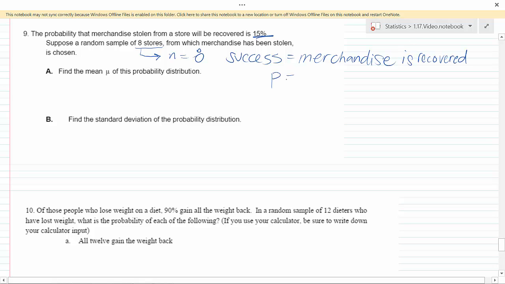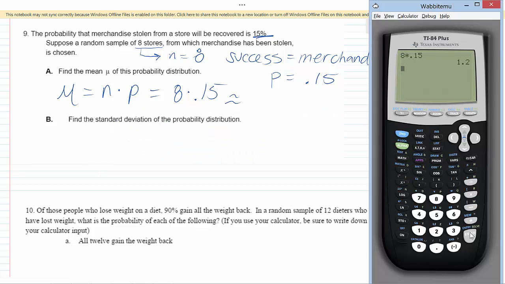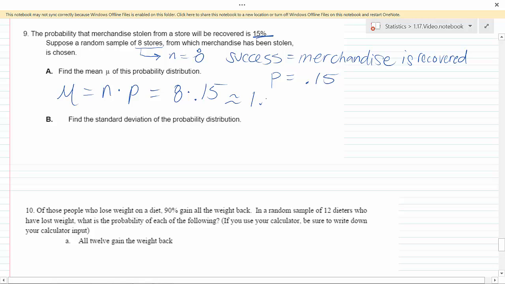We can call this binomial, which means that the formula we use is n times p, so 8 times 0.15 is approximately 1.2. So we would expect 1.2 of these stores to retrieve their stolen merchandise.